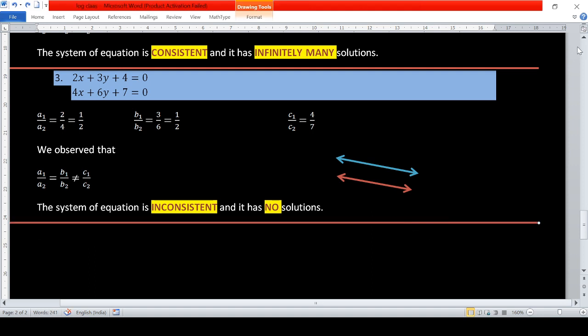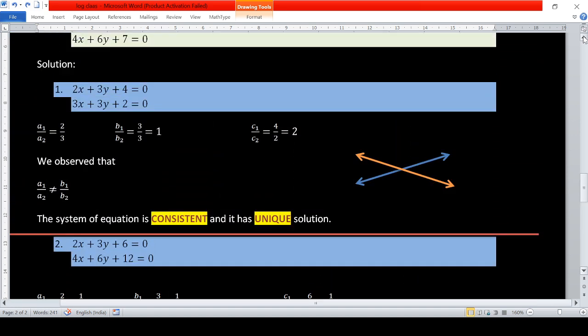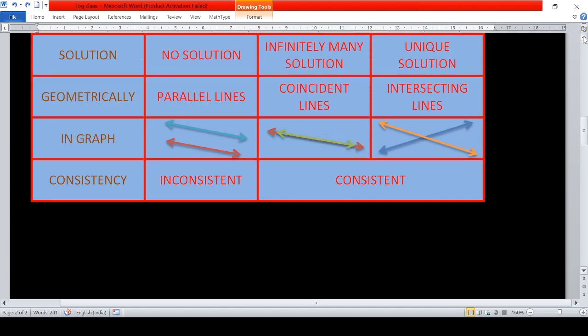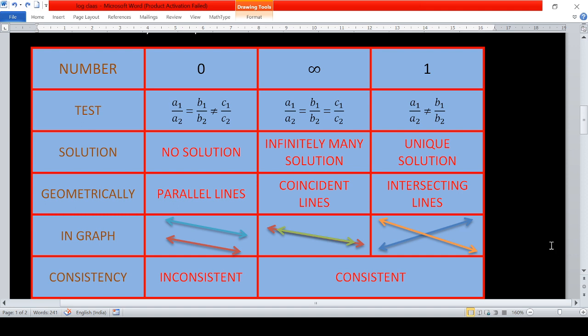No solution means no point of intersection, so that's why they are parallel lines. Solutions are nothing but the point of intersection of two lines. That's all. So thank you.